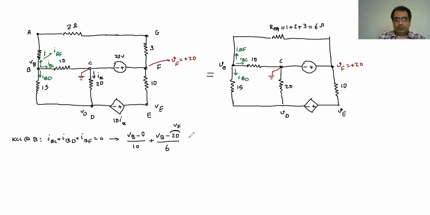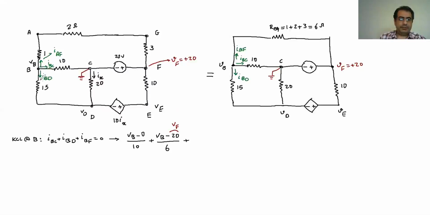And the one that goes down here is going to be, write it with another color. So this is the V_F. And then for the current that goes from B toward, so this is the BC, this is the BF, and then BD.